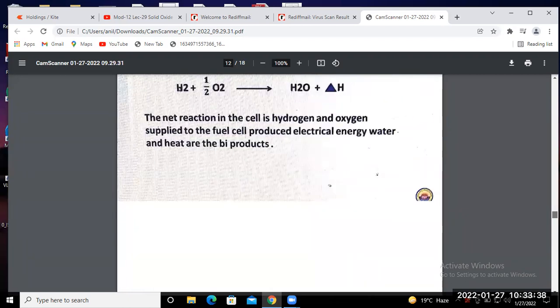So this is all about how you can make the reaction of hydrogen and oxygen, which will produce water and heat as the byproduct.